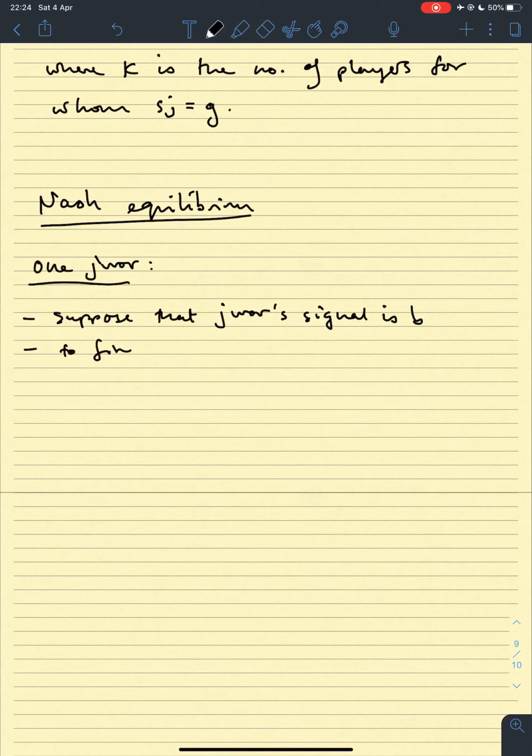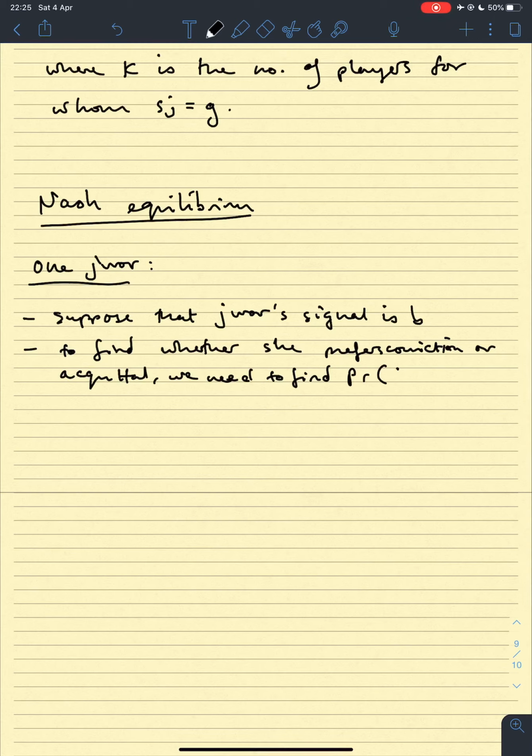To find whether the juror prefers conviction or acquittal, we need to find the probability that the defendant is guilty given that the juror received the signal B.